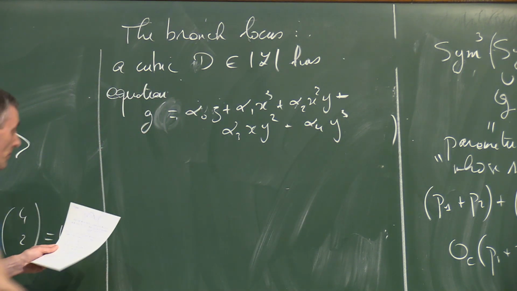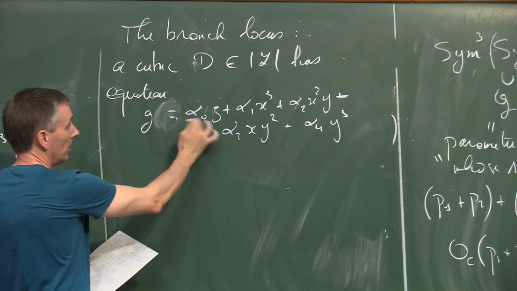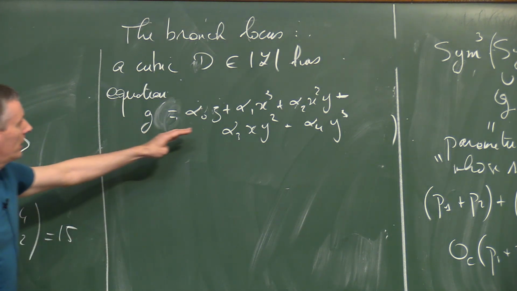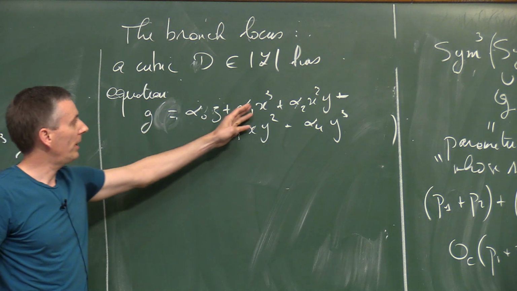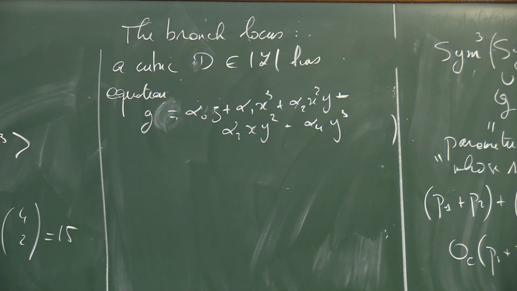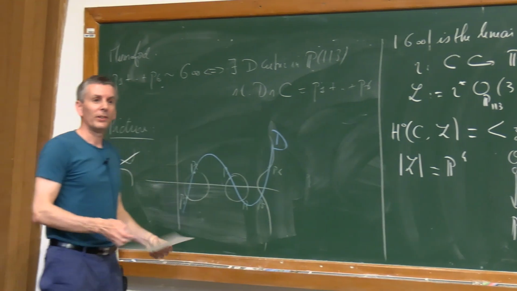And you see, if alpha 0 is non-zero, you express z as a function of x and y. So a cubic is really a cubic in the plane. And there are no conics.